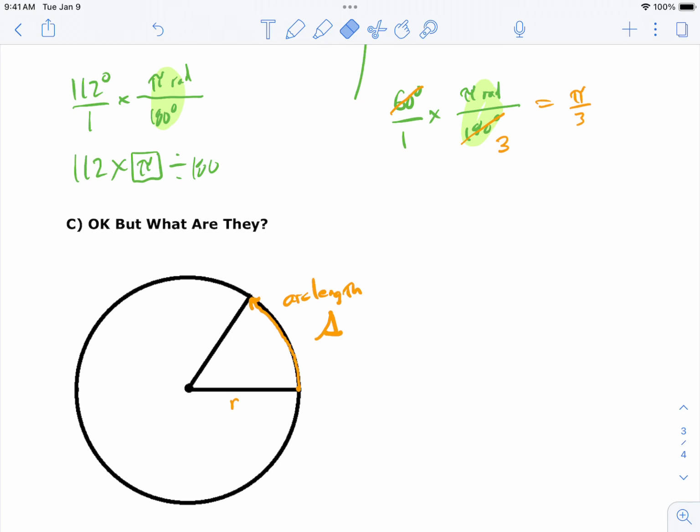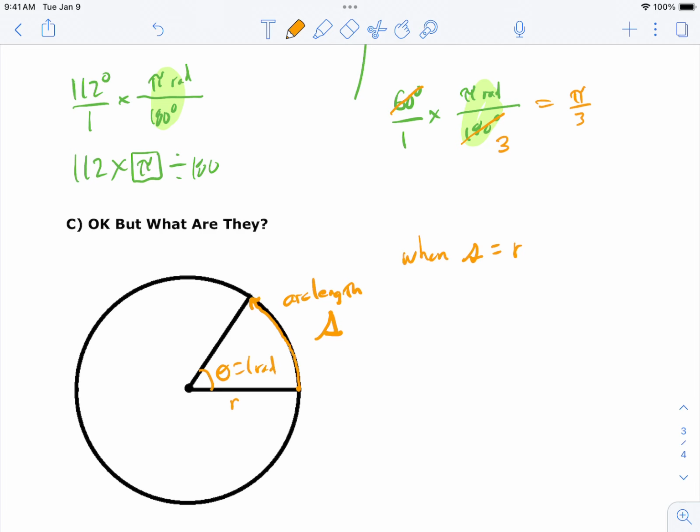So when you walk a distance around the outer edge that's exactly the same as the radius, that's what I'm trying to show here: this arc length equals the radius. When that's true, we say that you have just gone 1 radian of angle. That would be a 1 radian angle.